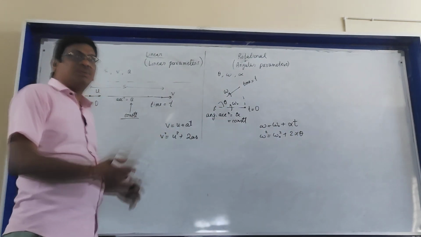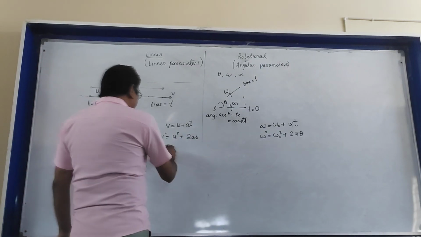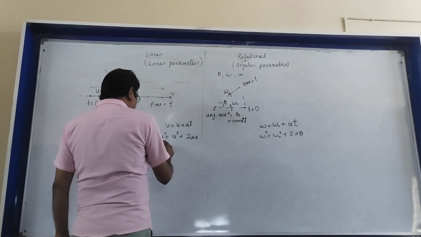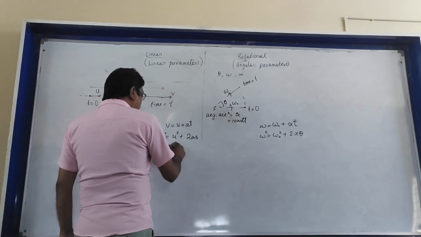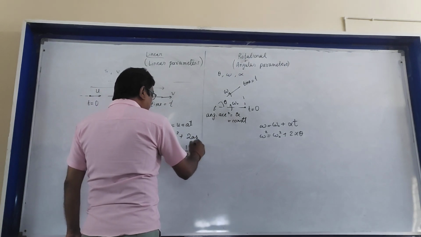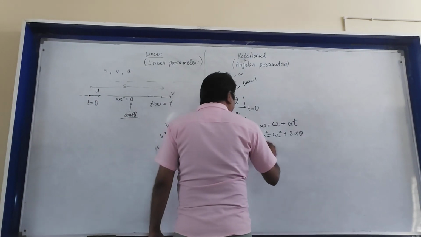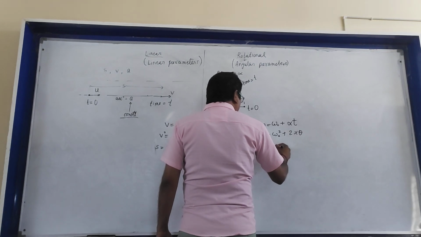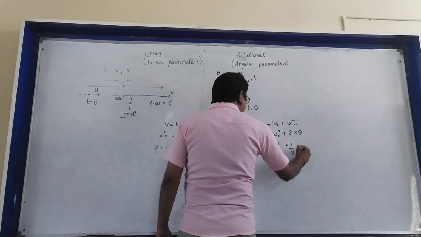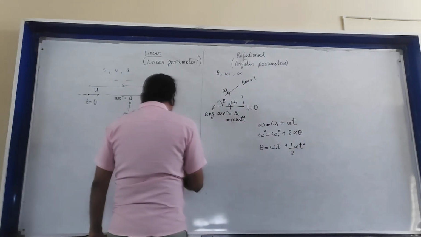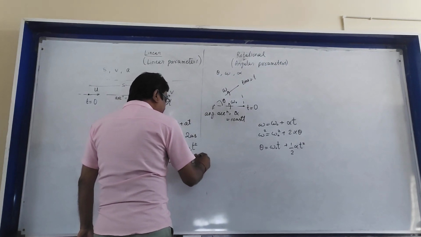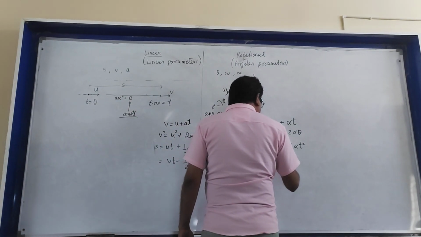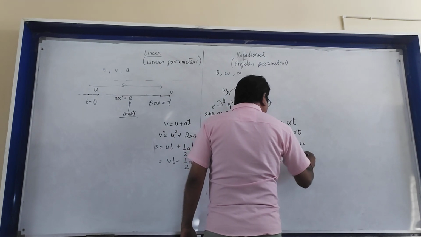Instead of linear displacement, we take angular displacement. Then s is equal to ut plus half at square. Similarly, here theta is equal to omega naught t plus half alpha t square. Also, you can write it as vt minus half at square, so here we write omega t minus half alpha t square.